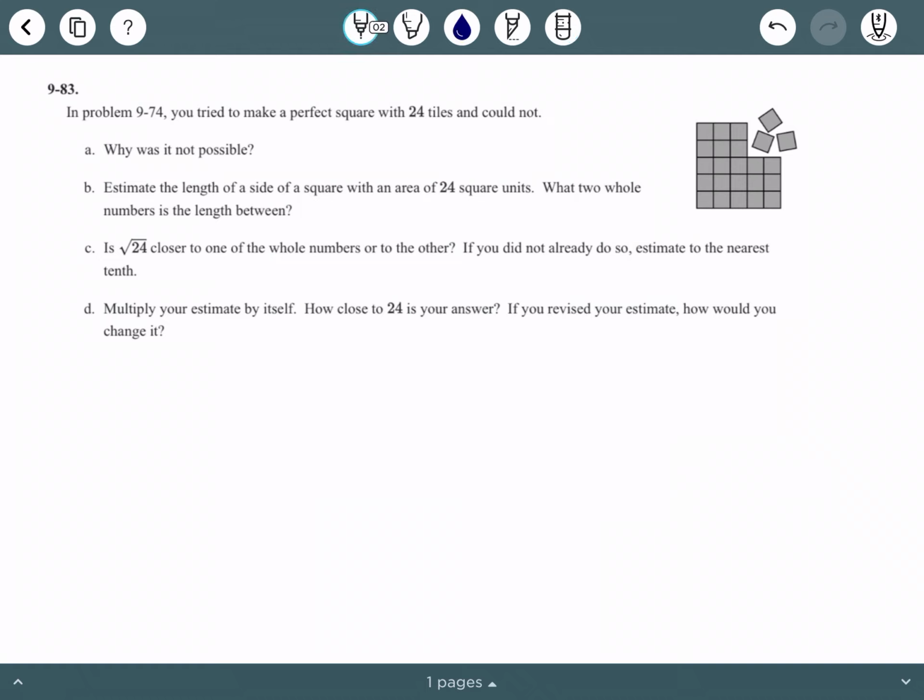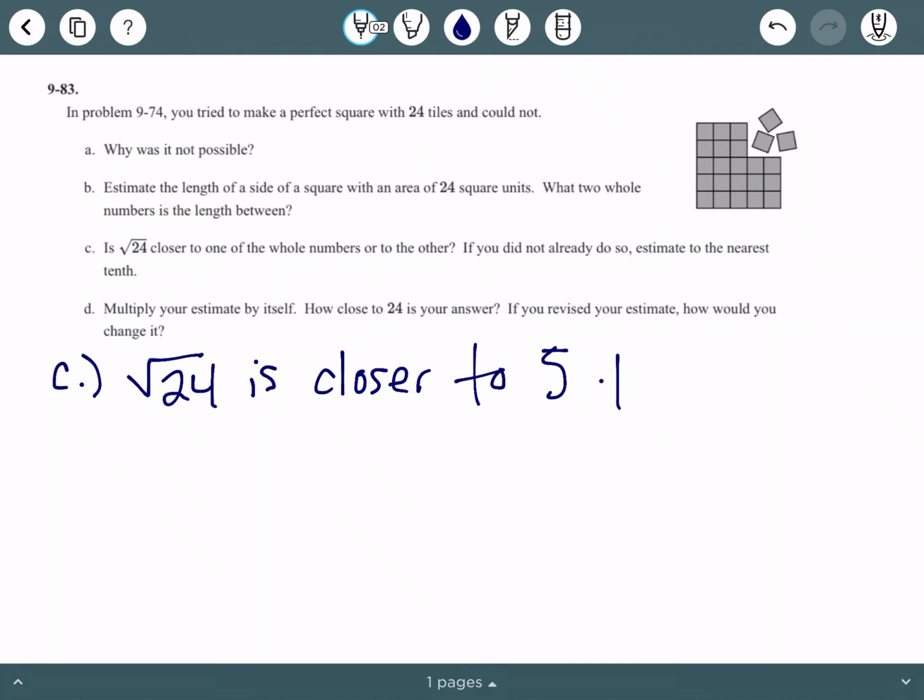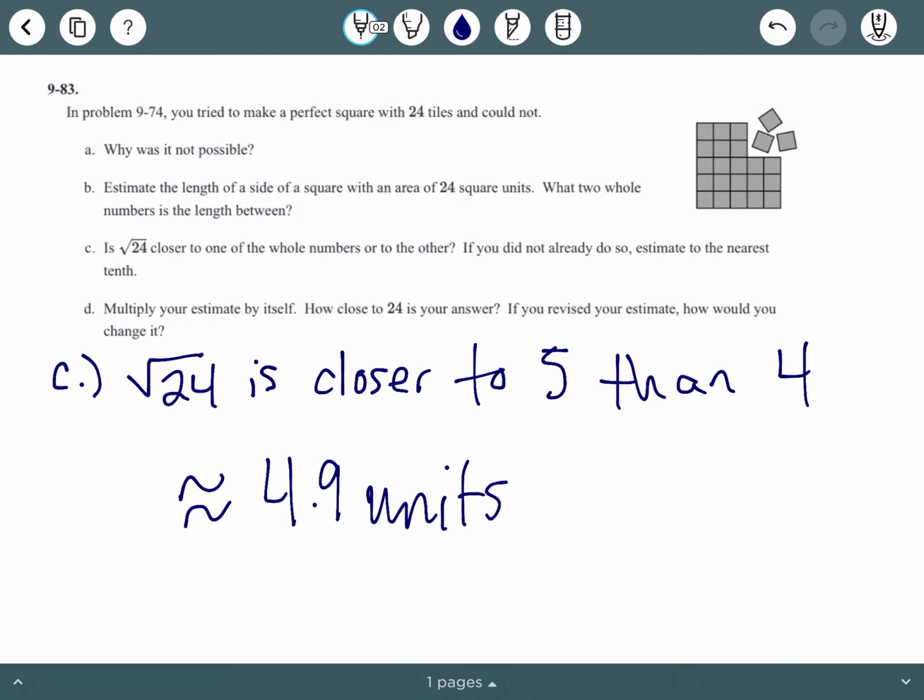So I did mention in part B, yes, the square root of 24 is closer to 5 than it is to 4. And I'm going to go ahead and say my estimate is going to be about 4.9 units for side length.